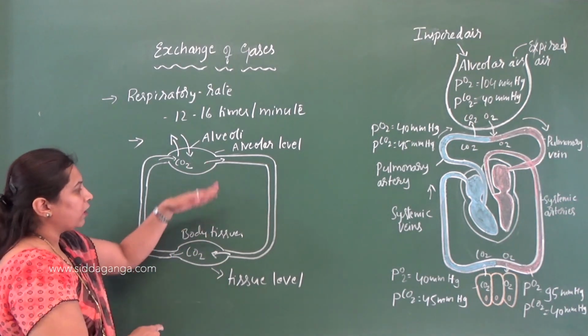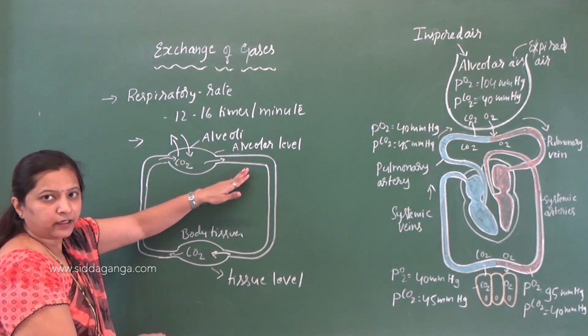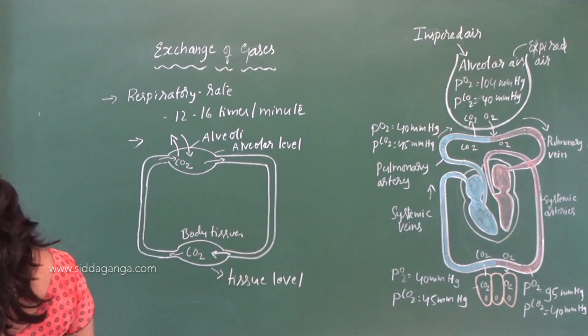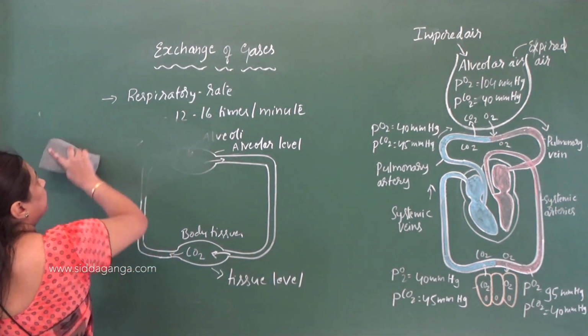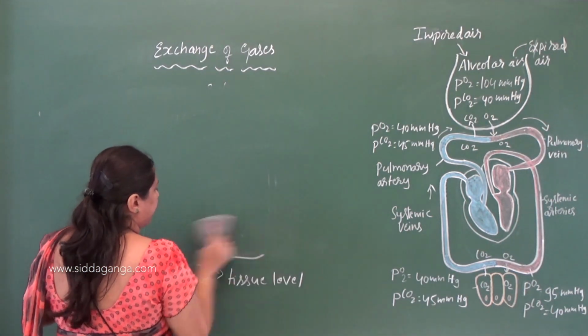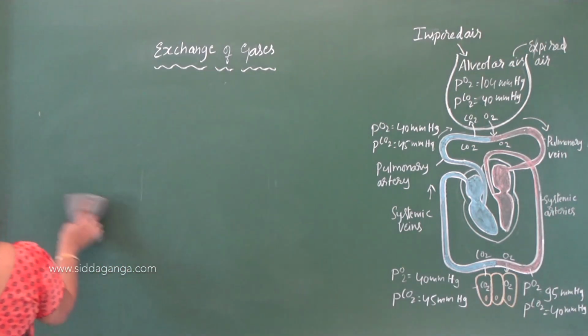So let us discuss how the gaseous exchange takes place between the alveoli and the blood and between the blood and the body tissues.